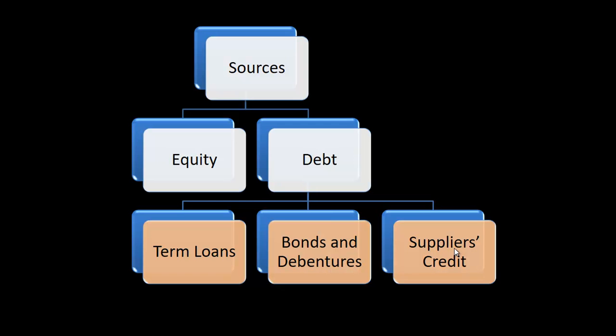So the sources are many, and each source has its own typical features, and the features will decide the cost of the funds. Therefore, it is important to understand these sources, understand the features, understand the cost, then raise the funds.